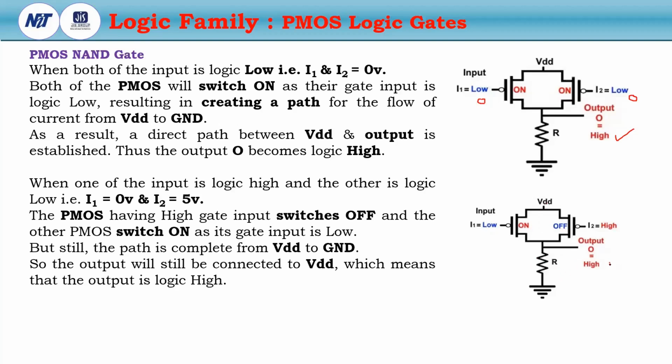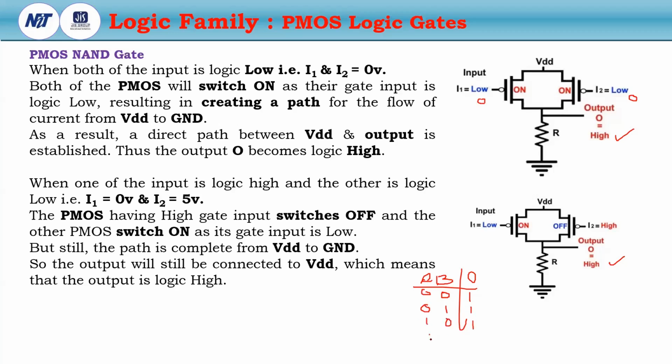So then we will get high. So for the NAND operation, suppose this is A and this is B, two inputs, and this is the output. If this is 0, 0, A and B both are turned on, then we will get logic 1. If any one is turned on, then we will get logic 1.